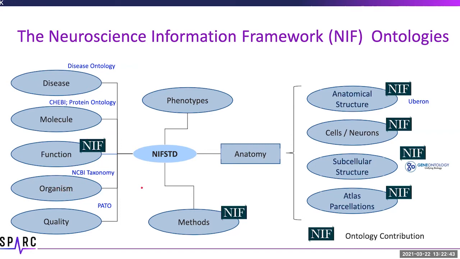So there are a number of these community ontologies where we're pulling information into the terminologies as the base for that. And then there are other areas where, within Spark and other projects, we have also been enhancing and expanding the terms, and those are the little ones flagged with the NIF across all our related projects.